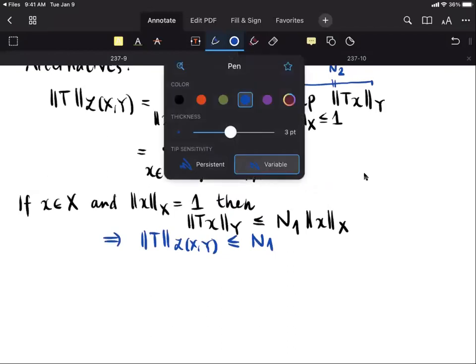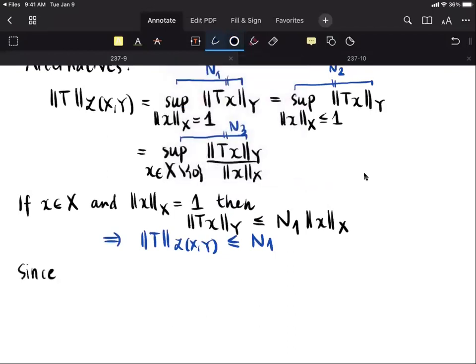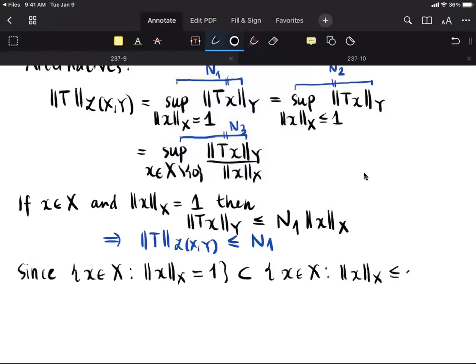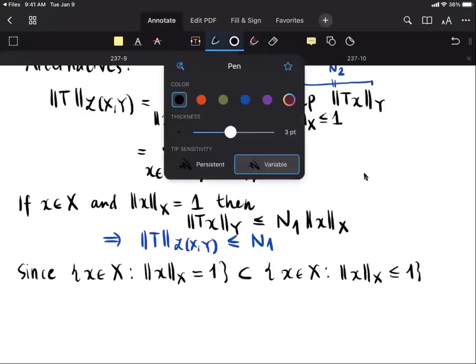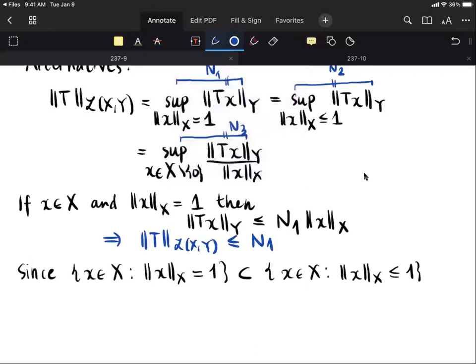Likewise, if you note or observe that the unit sphere in X is a subset of the closed unit ball in X. And from this, the supremum over the closed unit ball must be larger or equal to the supremum over the unit sphere.